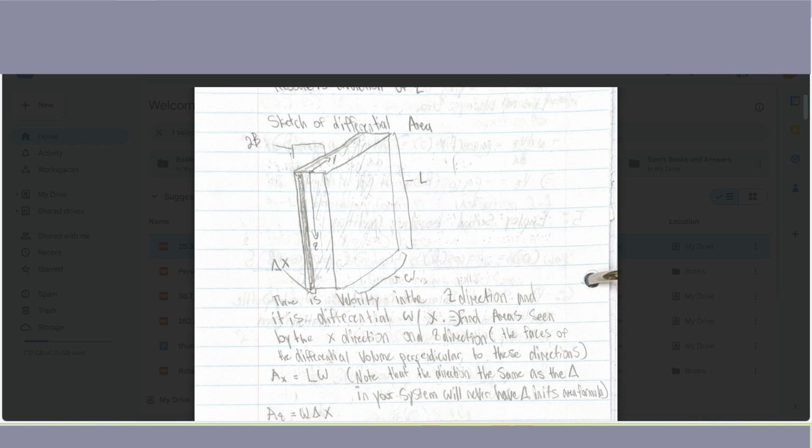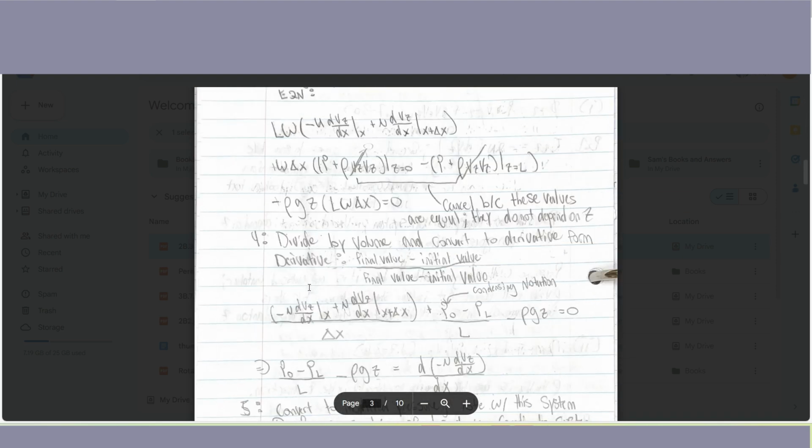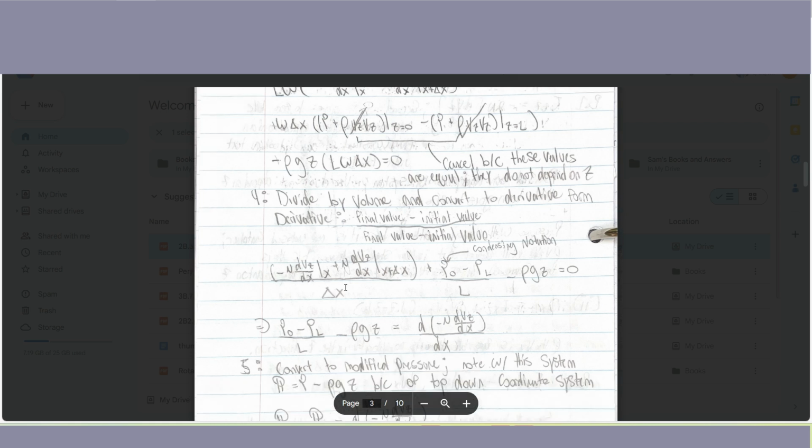So final value x plus delta x minus x equals delta x. That's what you're working to get, that form from here.